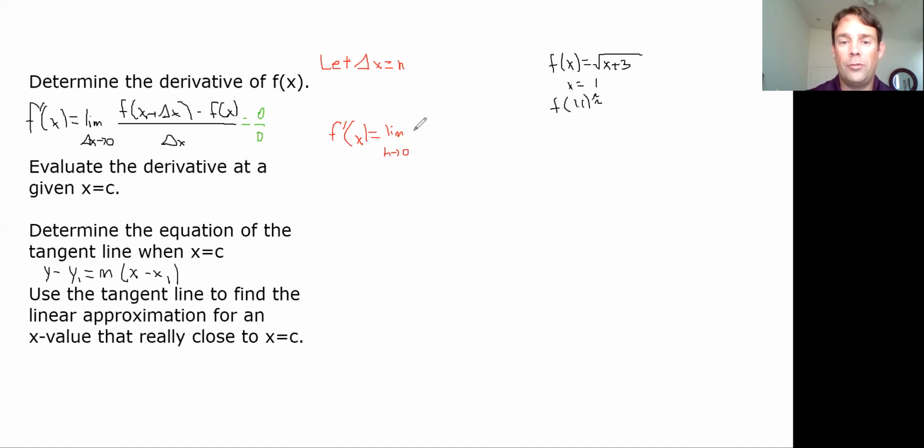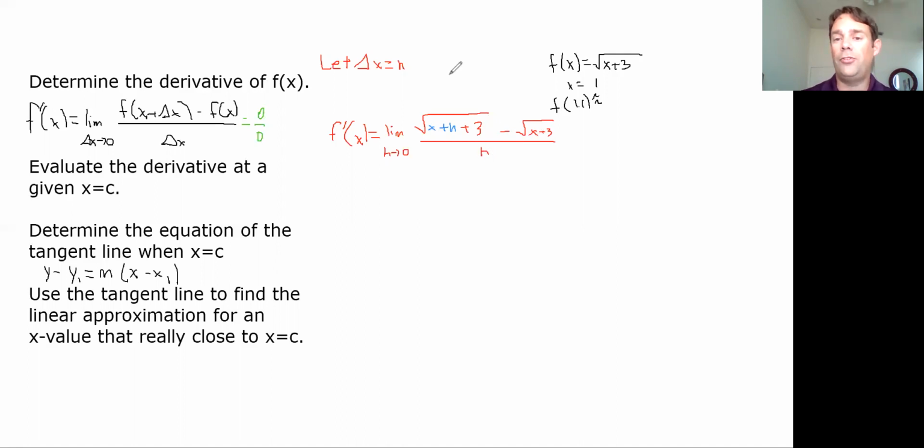So f of x plus h, so root x plus h plus 3. And then I'm going to subtract x plus 3 all over h. And we've already shown that it was 0 over 0 to begin with.